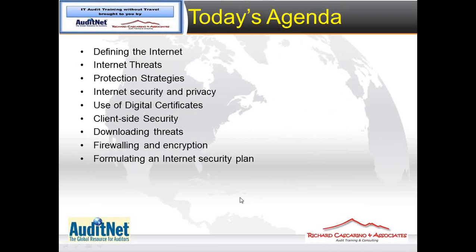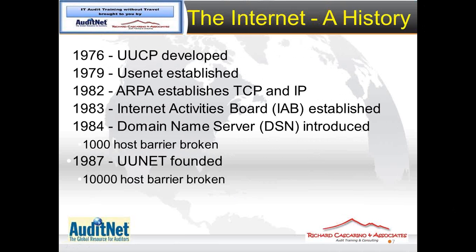Okay, so what is the Internet and where did it start? Well, it goes back to about 1976. In fact, there were precedents before that when ARPA was set up, but we can really trace it back to about 76 when UUCP was developed, and in 79 Usenet was set up.